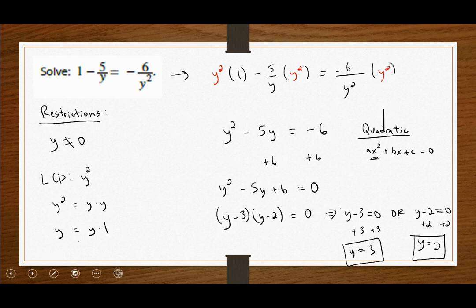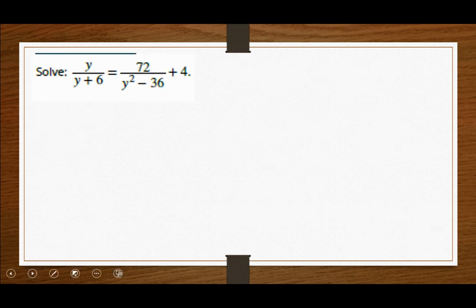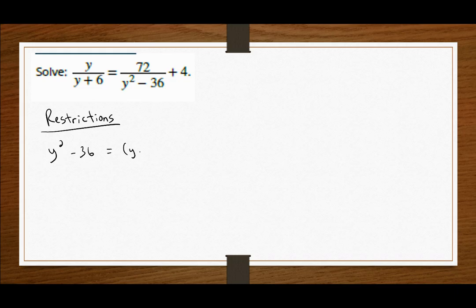Let's take a look at one more example here. In this case, again, I need to start by identifying the restrictions. The first obvious expression is y squared minus 36. This is a difference of squares which would factor to give me y plus 6 and y minus 6, right?